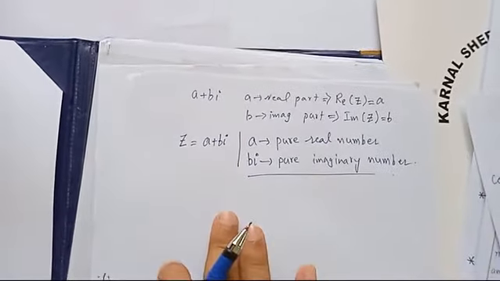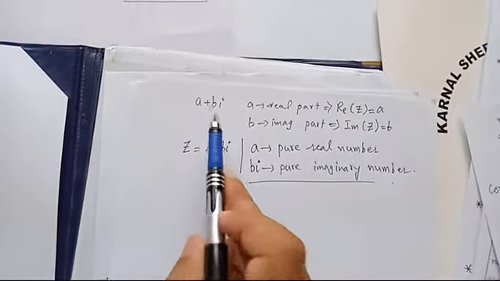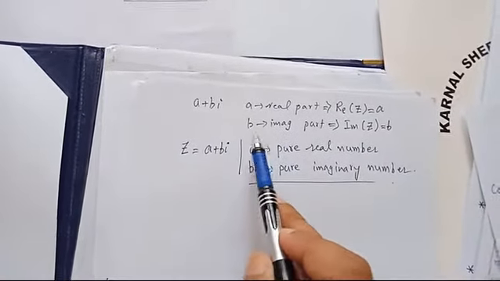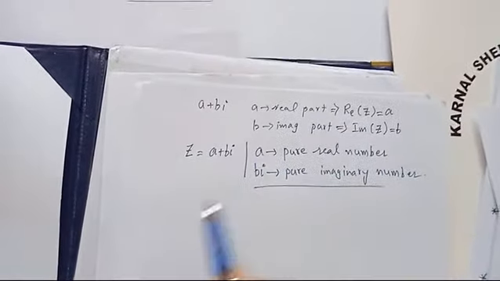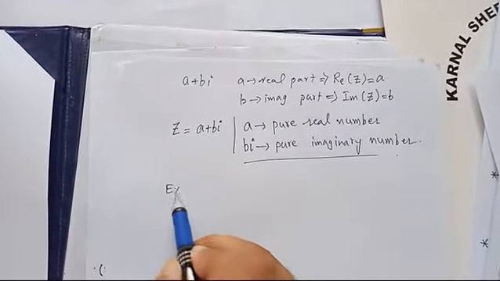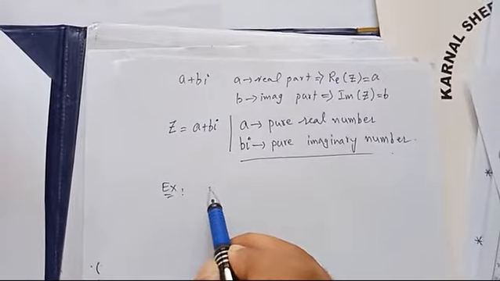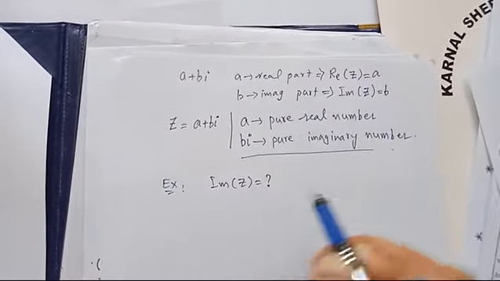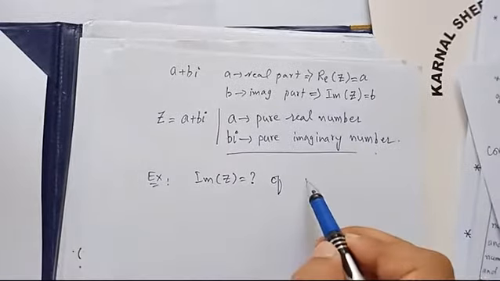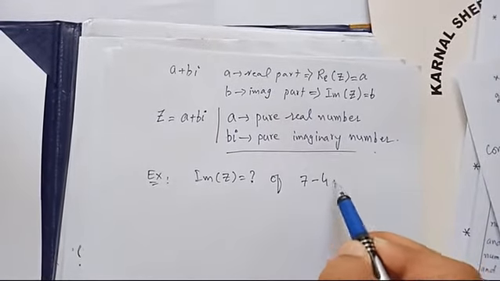So please remember that the imaginary part of a complex number doesn't contain iota. For example, what is the imaginary part of the complex number 7 minus 4 iota?